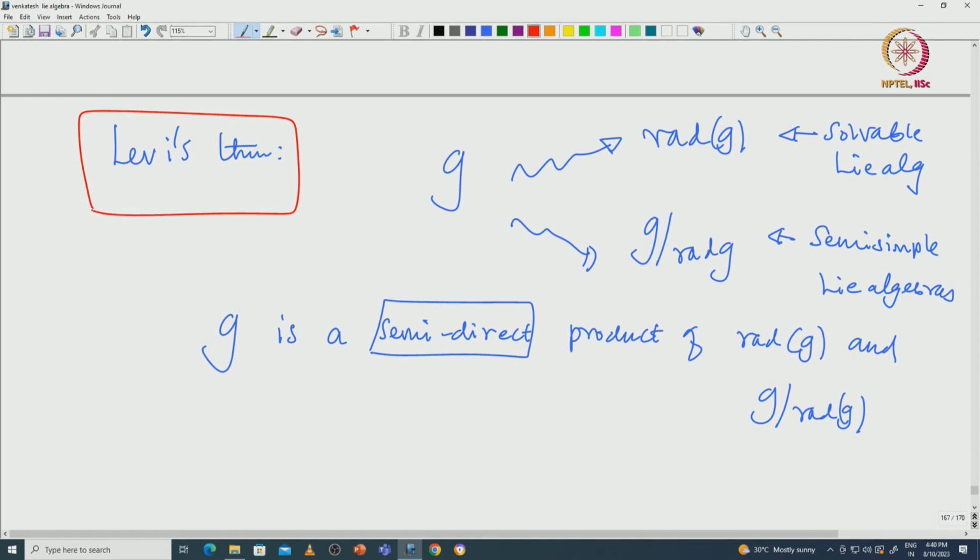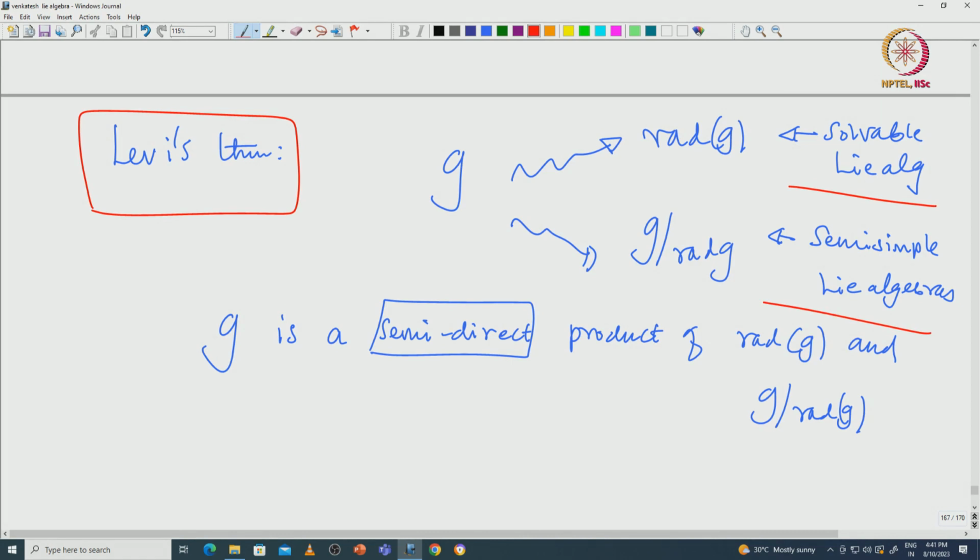So, this is a very important theorem in finite dimensional Lie theory, because if you are interested in classifying finite dimensional Lie algebras, then using Levi's theorem one can immediately focus on classifying solvable Lie algebras as well as classifying semi-simple Lie algebras.